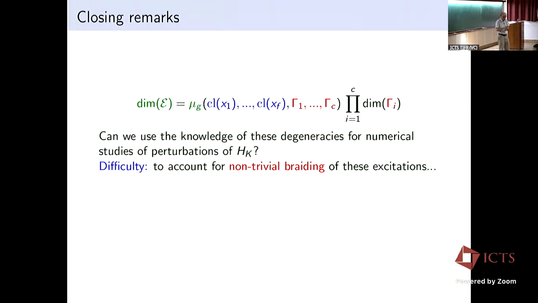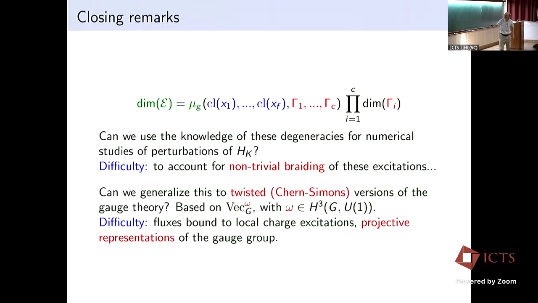And one last thing that this work could suggest, as you heard, is that there are twisted versions of these quantum double models. One intellectual challenge for us is that physically, when you twist with cocycles of the gauge group, Chern-Simons means attaching fluxes to charges.